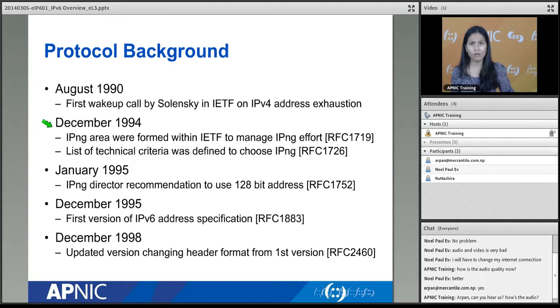Some of them said that let's use a fixed size IP address, maybe from 32 bits, which is what we're using in IPv4. Why not make it twice as large or maybe 4 times as large? So that was when the proposal to use 64 bits and 128 bits came out.